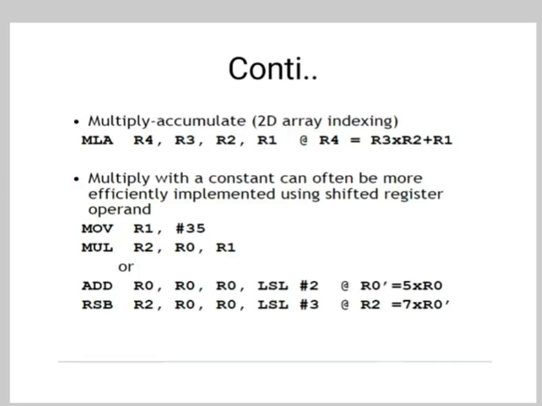Multiply with a constant can often be more efficiently implemented using a shifted register operand. So move R1, hash 35, multiply R2, R0, R1. Or add R0, R0 into 5.